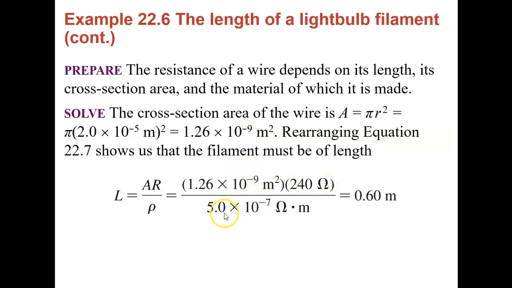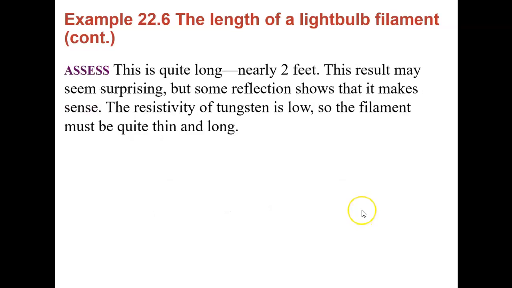We are given our resistivity from the chart above. So 1.26 times 10 to the negative 9th meters squared times 240 ohms divided by 5.0 times 10 to the negative 7th ohm meters gets our length to be 0.6 meters, 60 centimeters. Resistivity in tungsten is really low, so the filament must be quite long and thin.